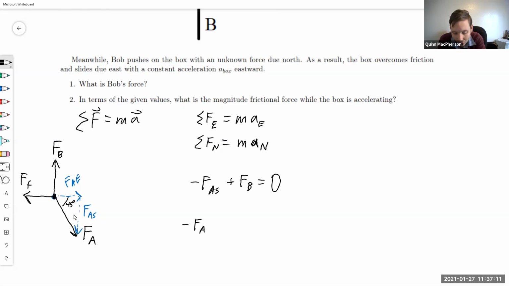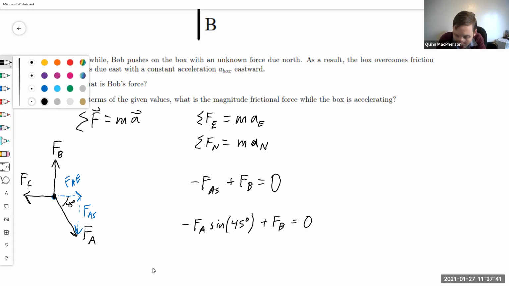It also happens to be 45 over here as well, but whatever. So I'll leave that as 45 degrees. Force Alice south would be force Alice sine of 45 degrees. Minus force Alice sine of 45 degrees plus force Bob equals 0.